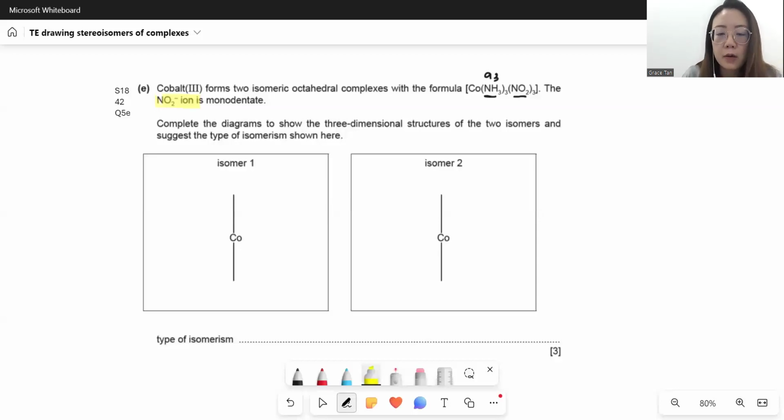Okay, so your ammonia is a monodentate and your nitrite ion, which I believe many students do not know, is a monodentate too, but it's fine because the examiner told you that your NO2 negative ion is a monodentate. So this will be your small b, and you have 3 of them. So when you see A3B3, you know it's a cis-trans isomerism or a mer-fac isomerism. Remember, cis is all 90, trans must have 180 apart. So let's quickly draw the 2.